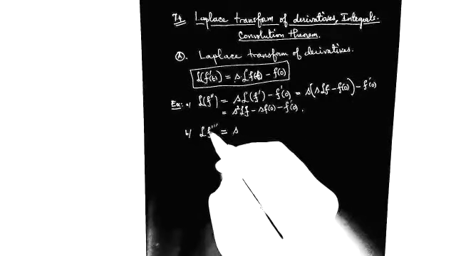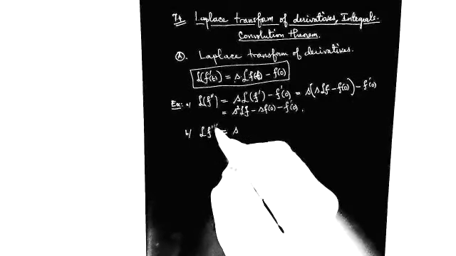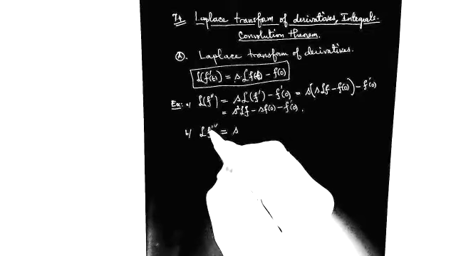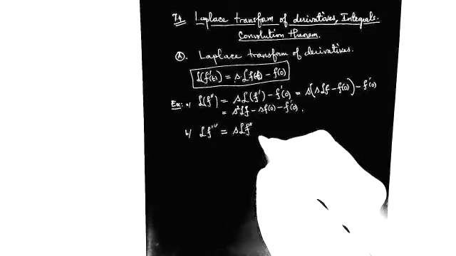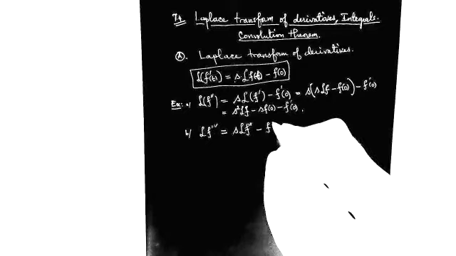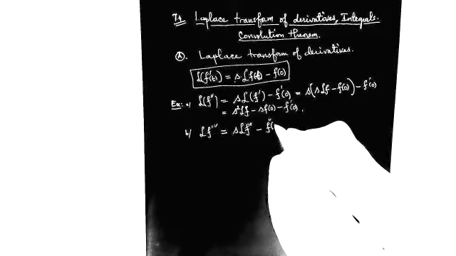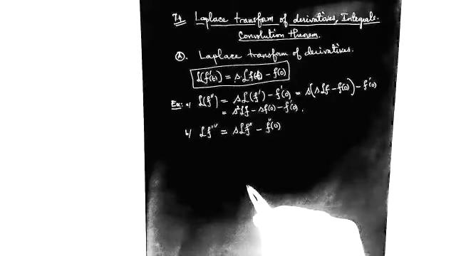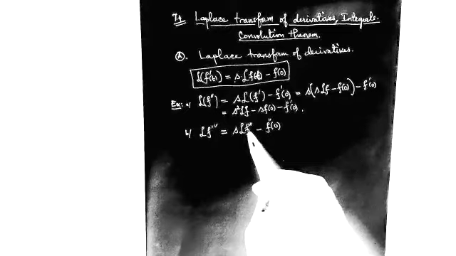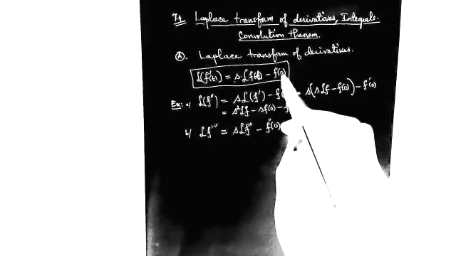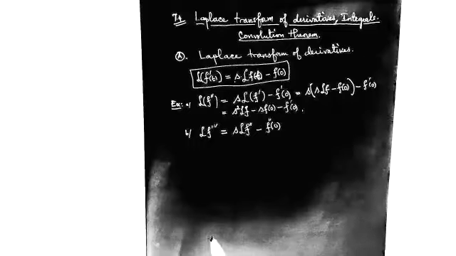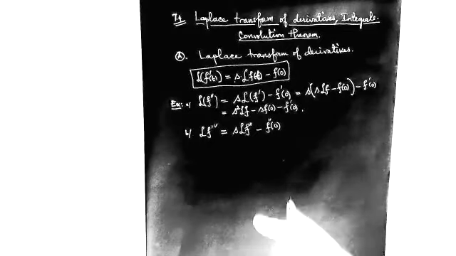So here, the third derivative is the derivative of the second derivative. So that's s Laplace transform of the second derivative minus the value of the second derivative at 0.